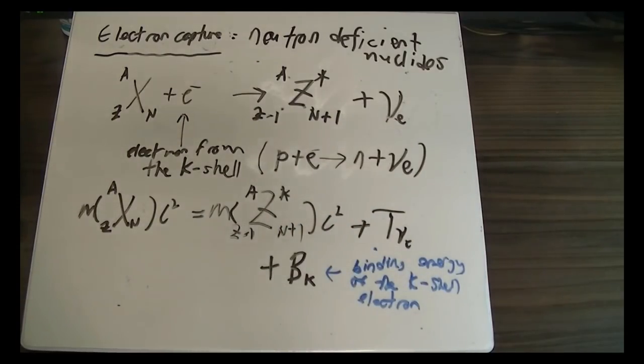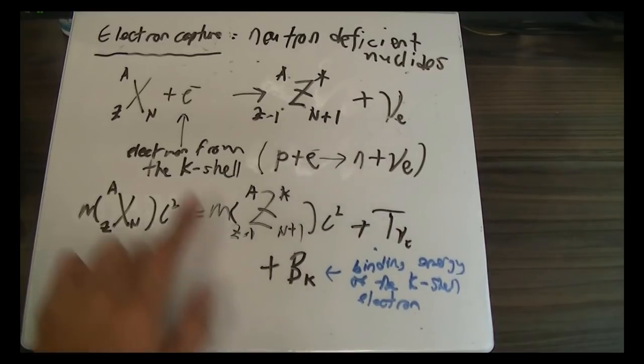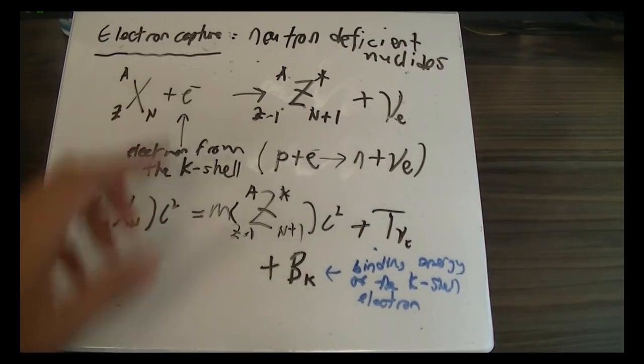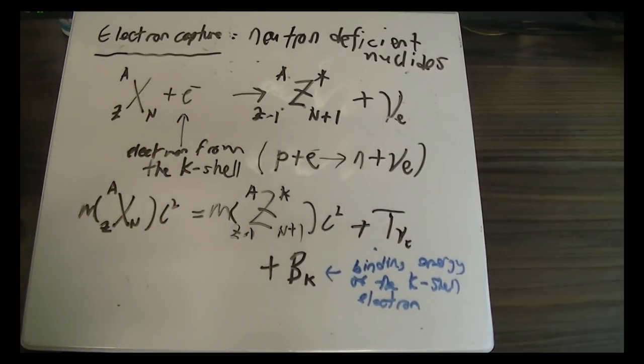And why do we have to consider this binding energy? Because during the process, the electron from the K shell has to overcome the potential so that it can be released from the orbit. So this binding energy has to be considered.